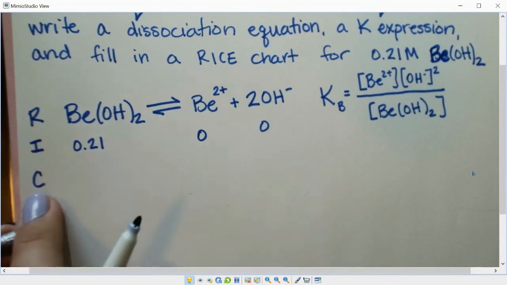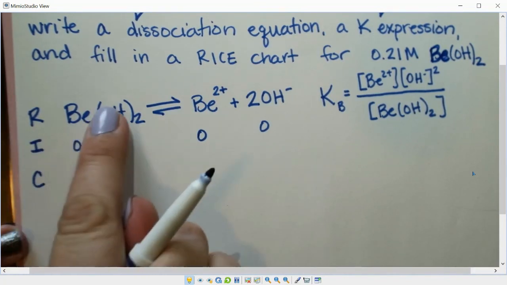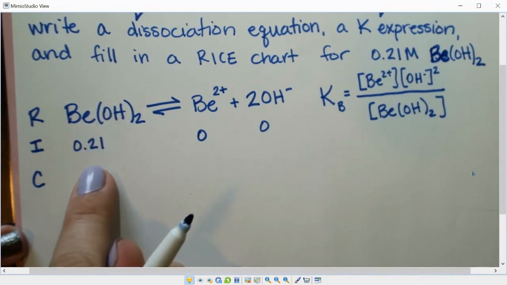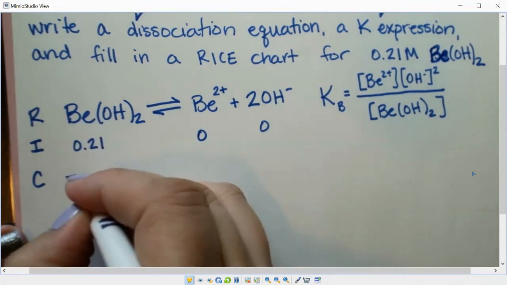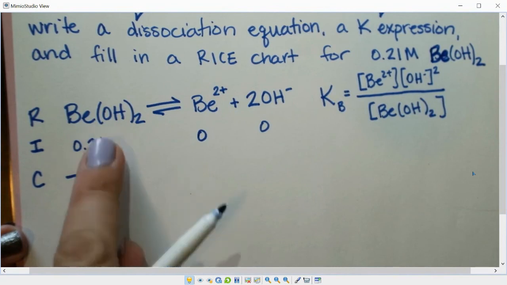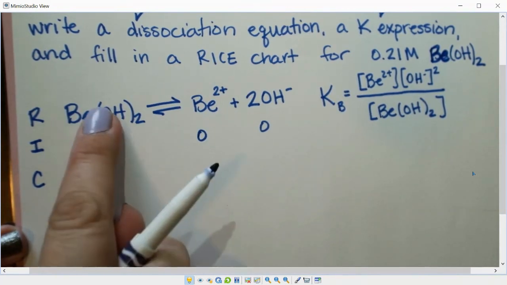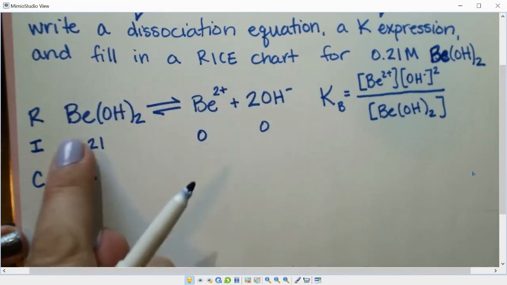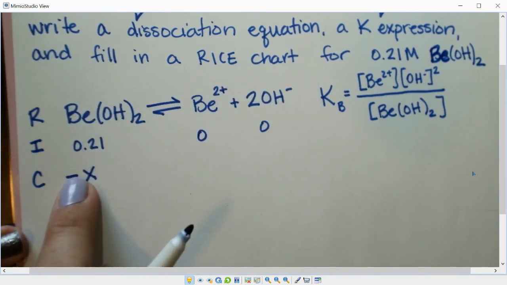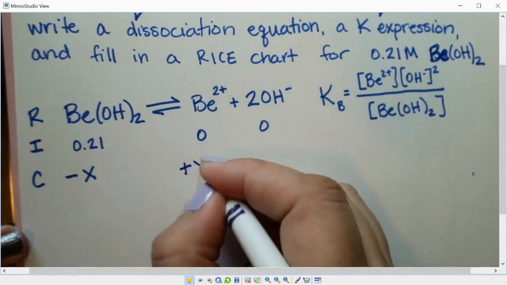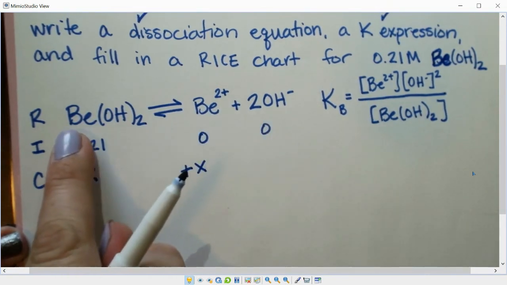C is how does this change? So now it starts to dissociate. When it dissociates, it decreases by some amount, so we put a negative sign and X to show that it decreases by some amount X. When this dissociates, that means it's forming these ions. So if this goes down by X, this one is going to increase by X, and it's a 1-to-1 ratio.